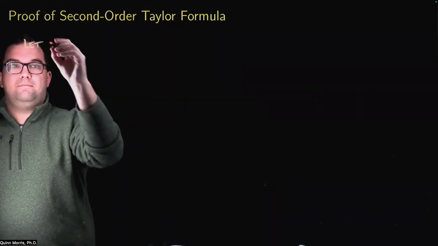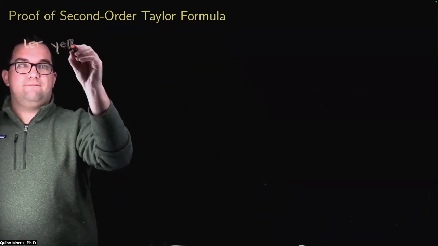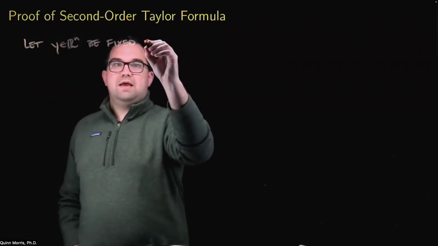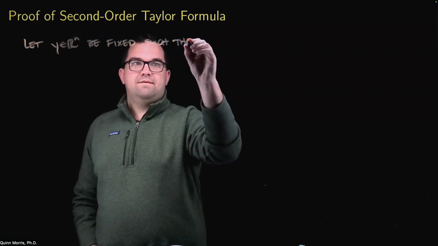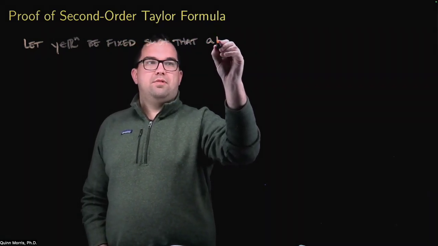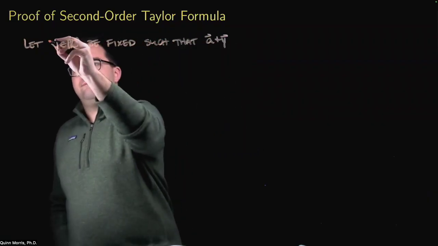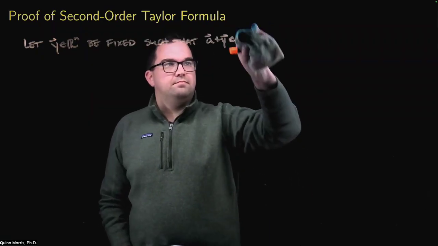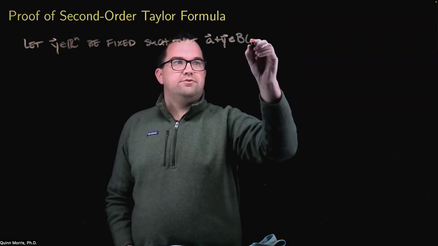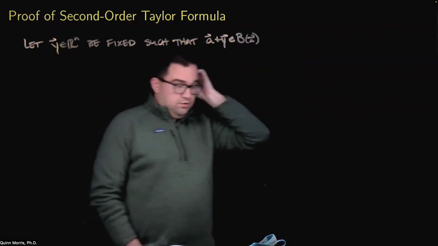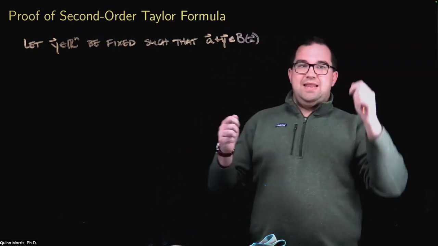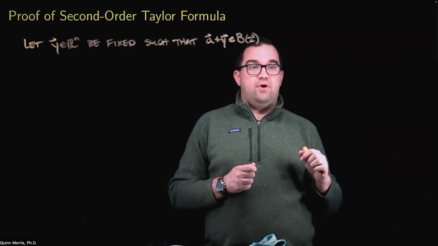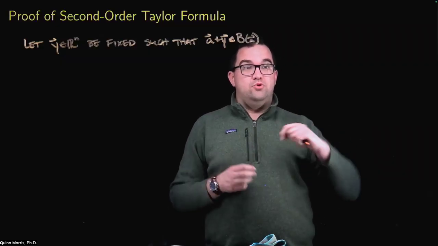Let y be a fixed vector, and let's choose it such that a plus y is in my ball centered at A. Also, it's important to note that as soon as A and A plus y are in my ball, A plus cy must be in my ball for every c value between 0 and 1.